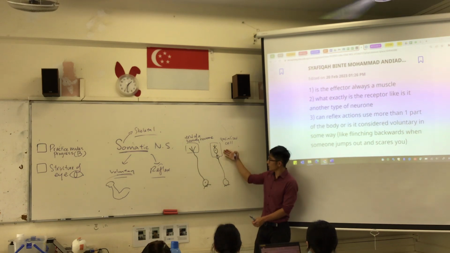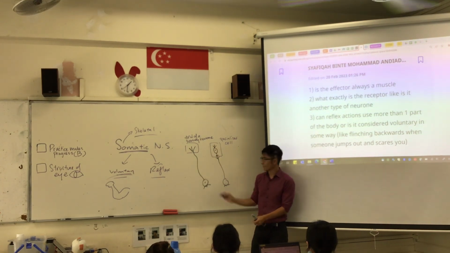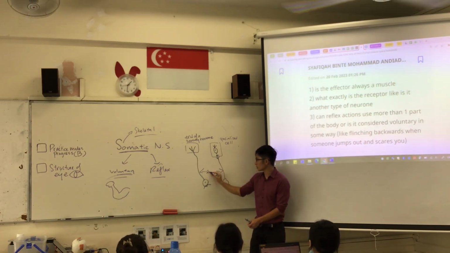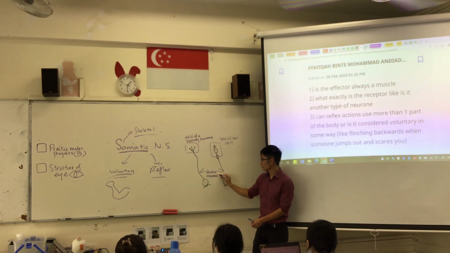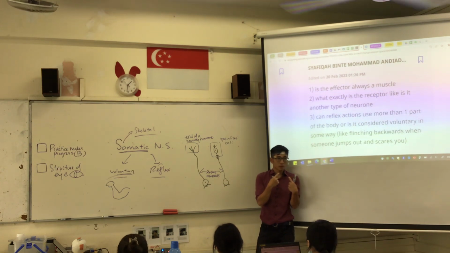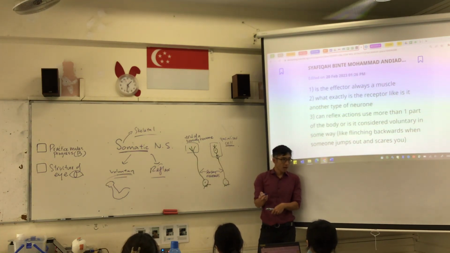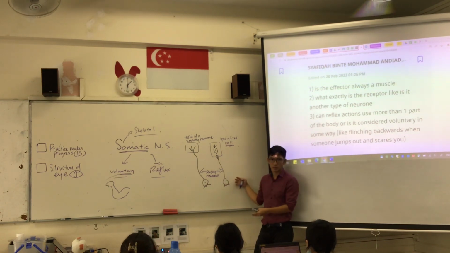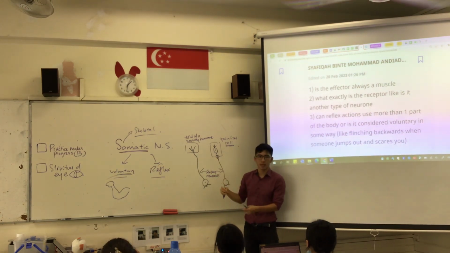These two things both connect to sensory neurons. In your eyeballs, there are specialized cells that detect light. After they detect the light, they pass the information on to sensory neurons. But some sensory neurons act as receptors by themselves.